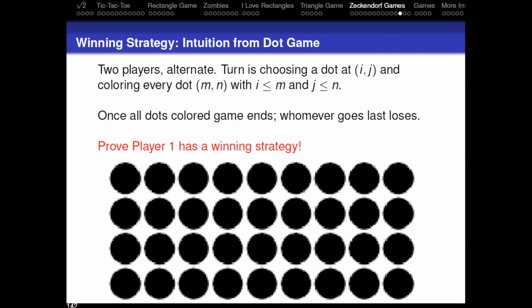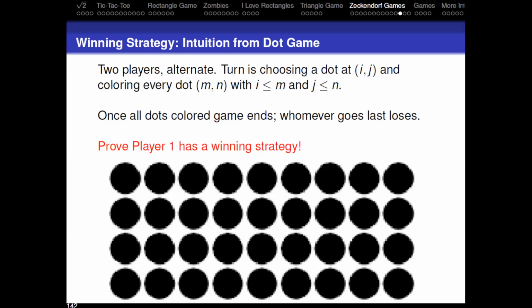Where do you go to eat all the dots on your first turn? The bottom left. So this is why we don't want whoever eats the last dot to win, because the game would be boring. Player one would just always go in the bottom left.